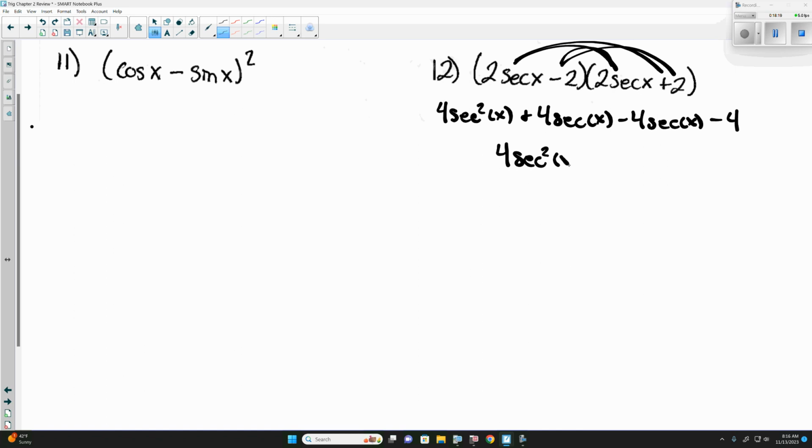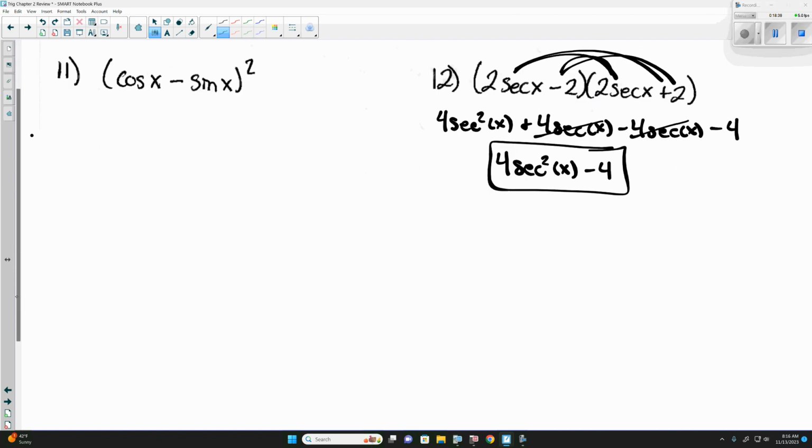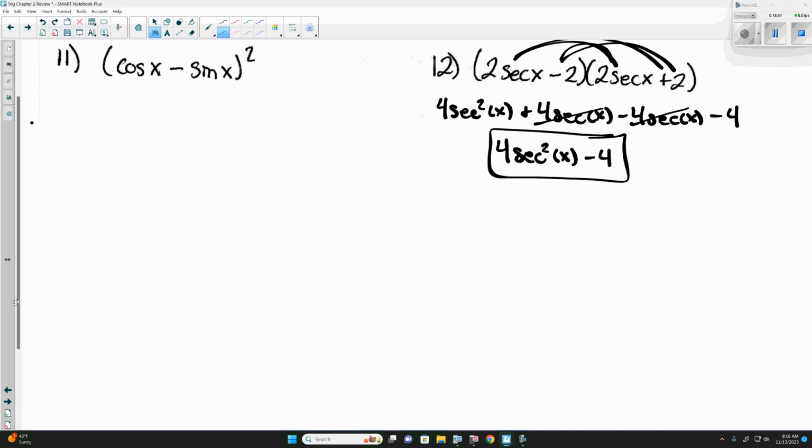Now if we combine like terms, 4 secant of x minus 4 secant of x is 0, leaving us with this here. Now if we want to simplify, we can, and it looks like I did on the answer sheet, because this is the product.